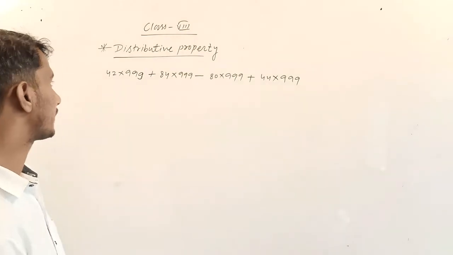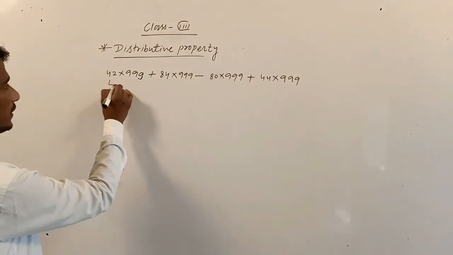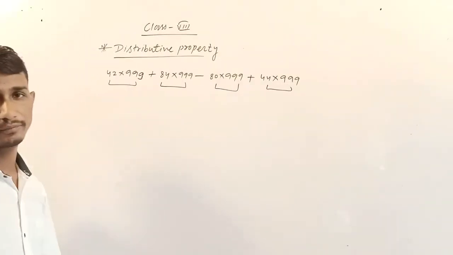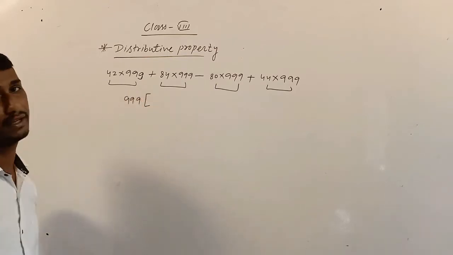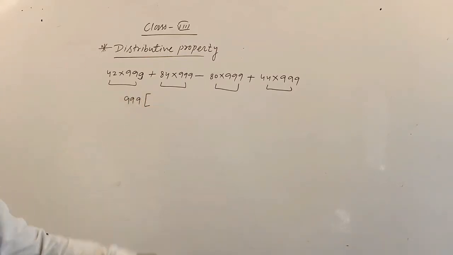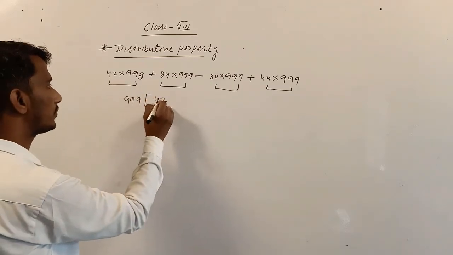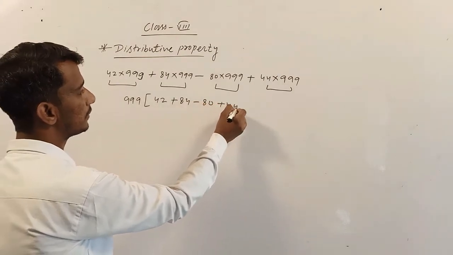Why? Which term is common here? The common term is 999, and you put all the remaining numbers in the bracket: 42 plus 84 minus 80 plus 44.